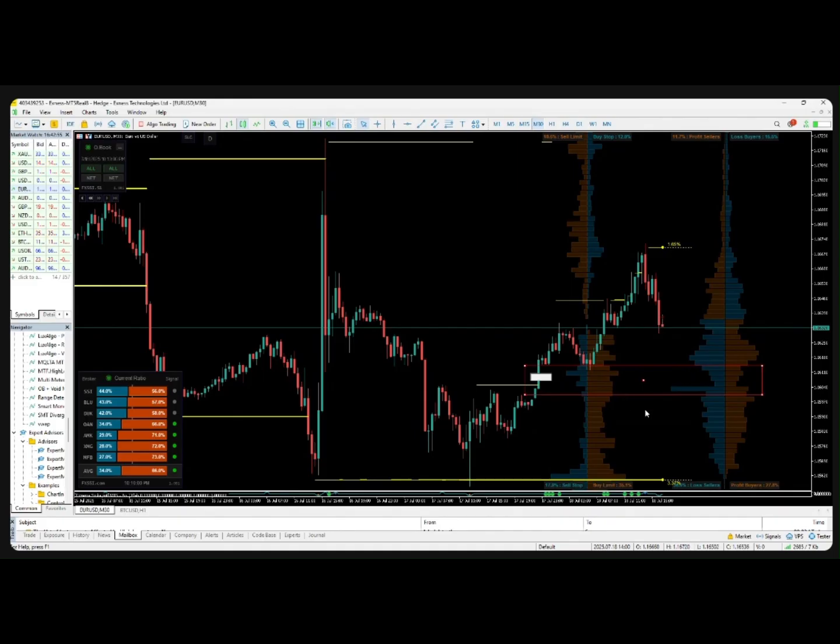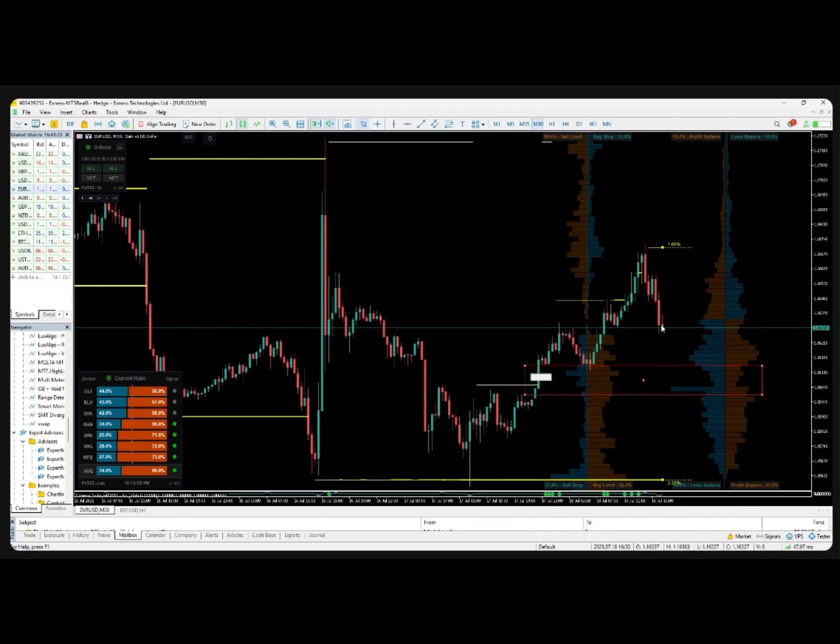Until these people exit from their positions at this fair value gap, or until these volumes come down or sellers exit their positions with losses, this candle will break this zone. Otherwise, again like this, it will tempt the sellers to average their prices, and again it will move upside.